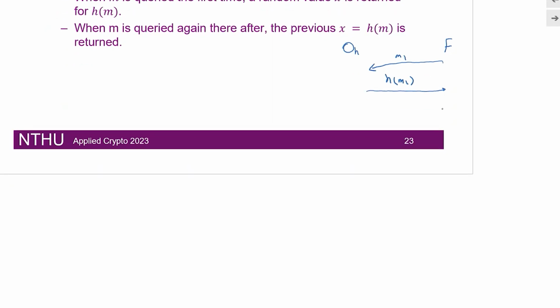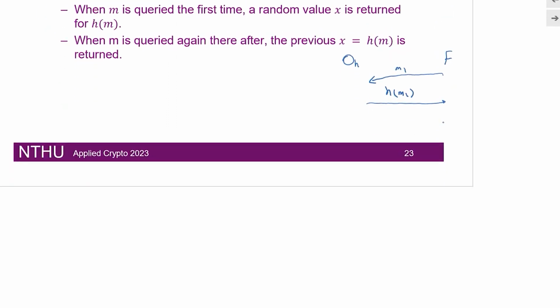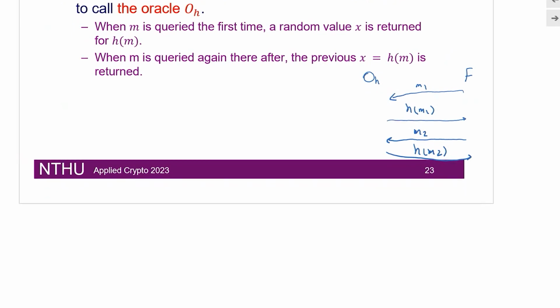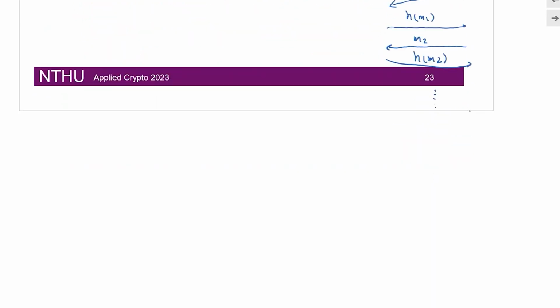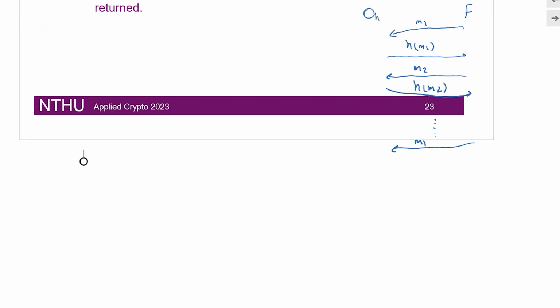The adversary over here would send a query for another one. He asks for M2, and then we would toss the coin again and send the hash of M2. And with the knowledge that if at some point he goes ahead and asks for M1 again, then we know that we shouldn't toss those coins because we have already computed the hash of M1.